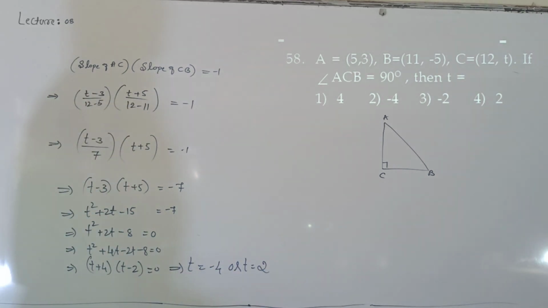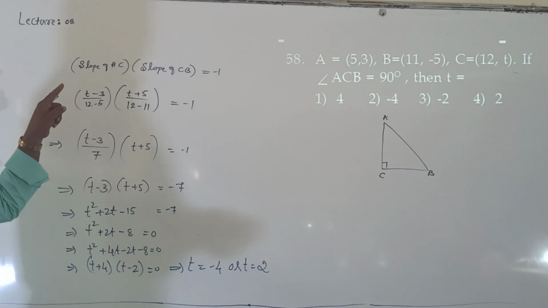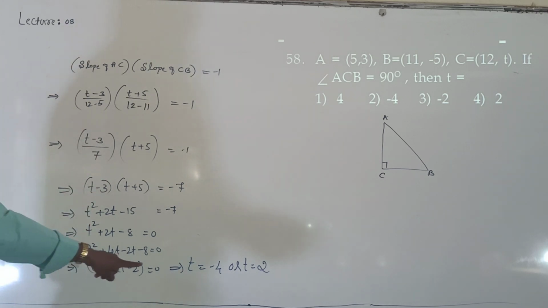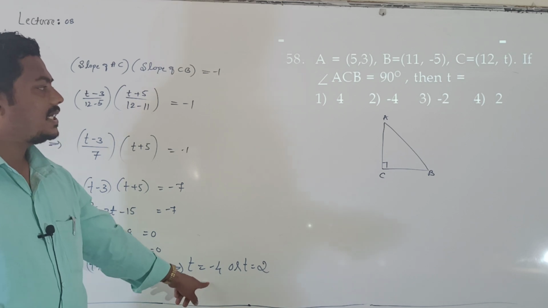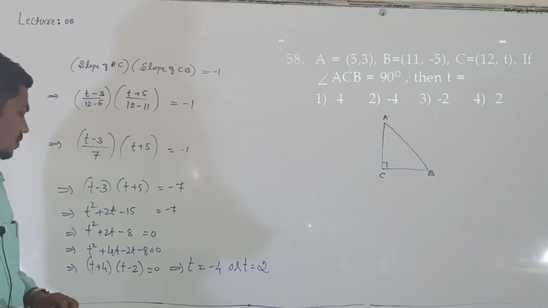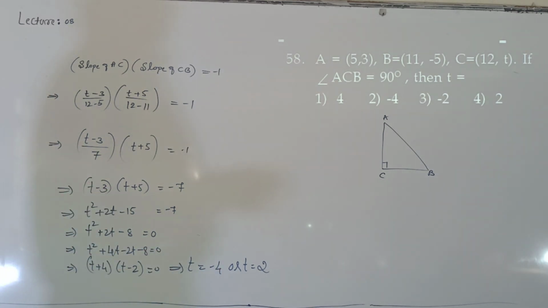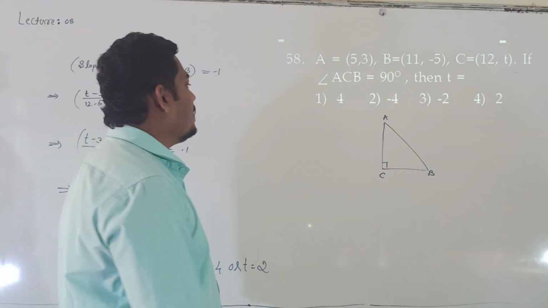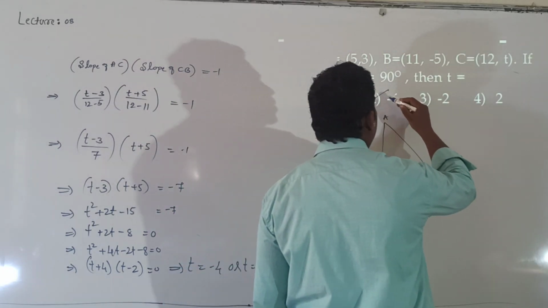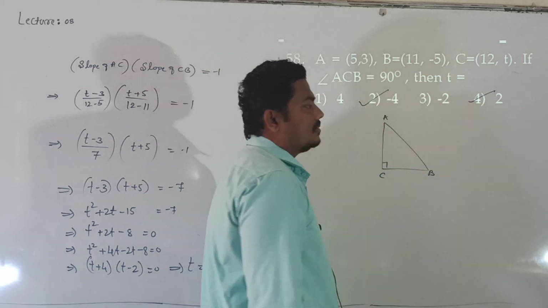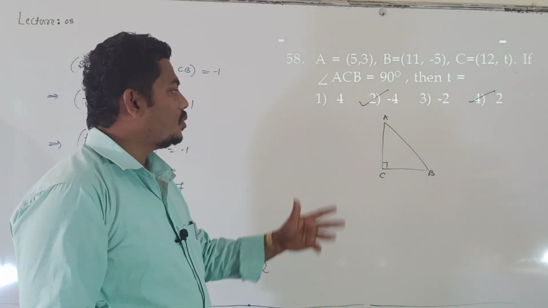There are two possibilities: t is equal to minus 4 and t is equal to plus 2. Both the options are given, means both are correct, the fourth option.